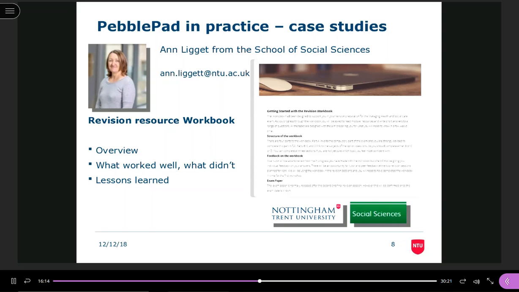So we've just had a question pop up from Josh, I think, asking what the benefits are of doing a workbook here rather than inside the VLE. I think part of it was that they were using PebblePad for something else, and it was another way of getting students some practice in doing it.